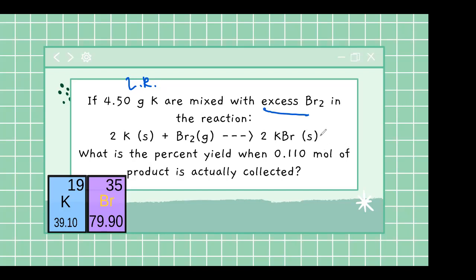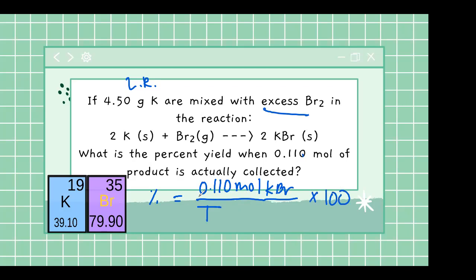So you have to read what the question's asking because either it's in grams or moles, and we can tell that our percent yield will be in moles. So we can set it up here, right? This is the actual, 0.110 moles of KBr, and we're trying to calculate for the theoretical, times 100.